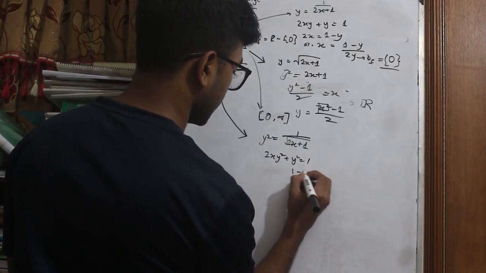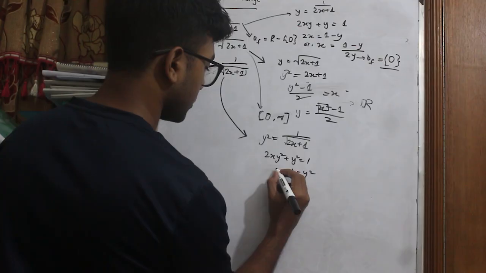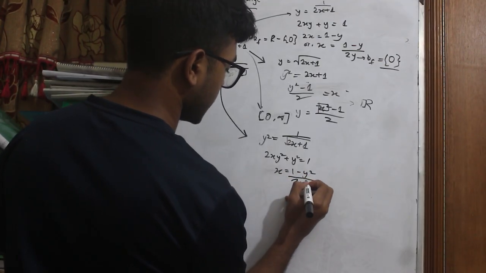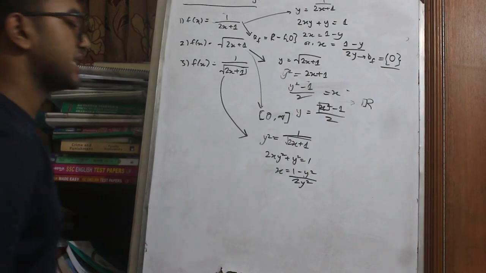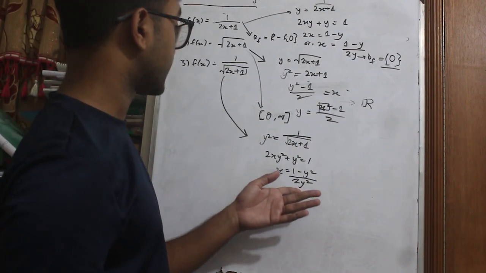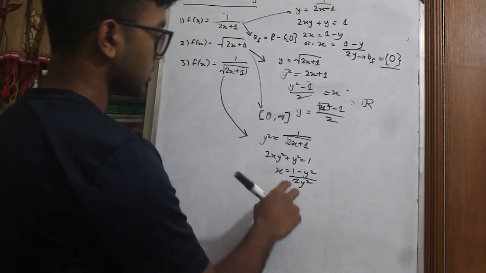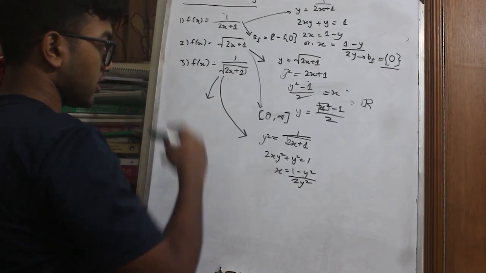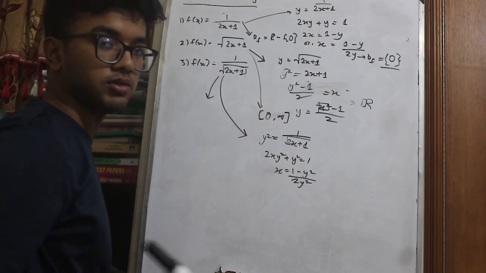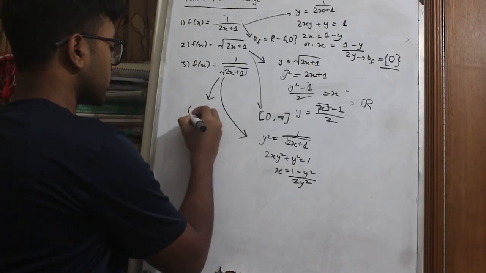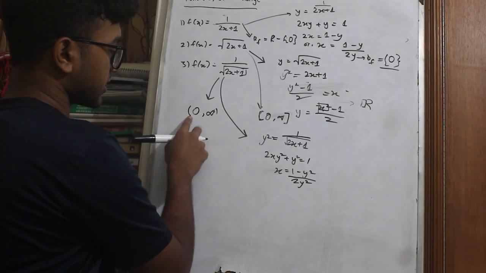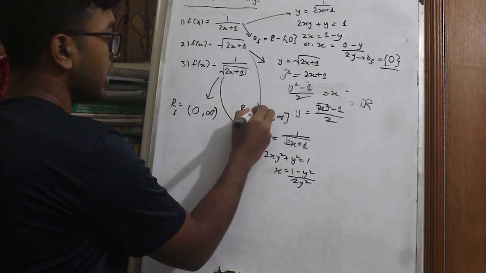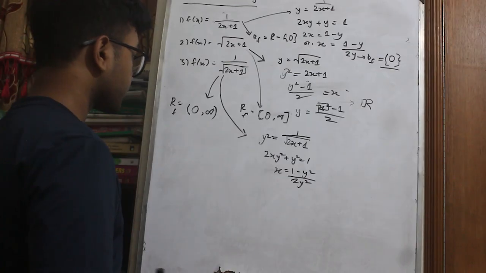Or 1 minus y squared equals x, equals 2y squared. So what's the condition on this again? The condition is that it won't be 0. So here the condition is also that it cannot be 0, and since there is a root, we know that roots never give us 0. So here it's going to be excluding 0 up to infinity is the range of this, and the range of the previous one is including 0 up to infinity.